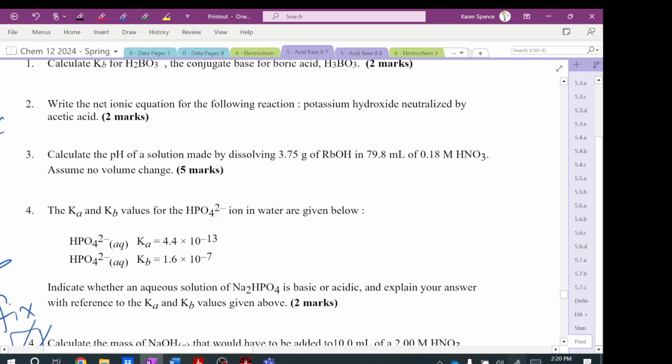Okay, so we have 79.8 milliliters of 0.18 moles per liter of HNO3.